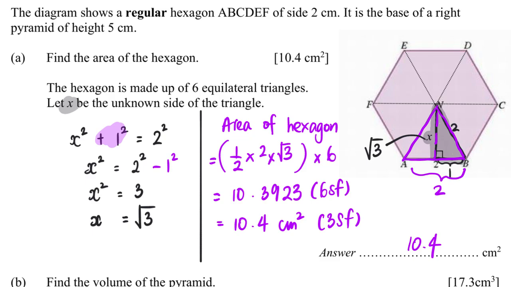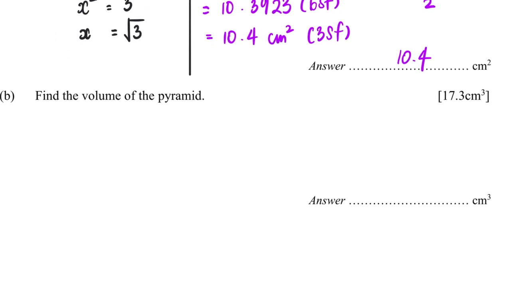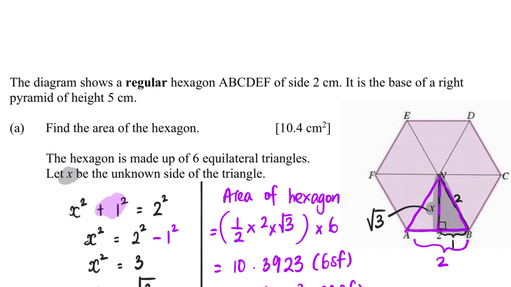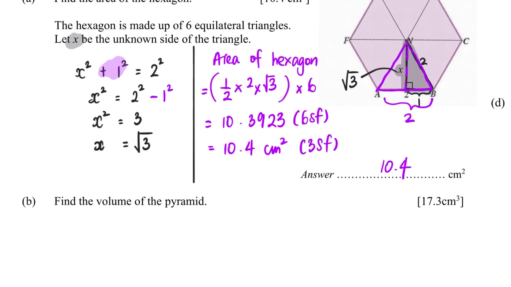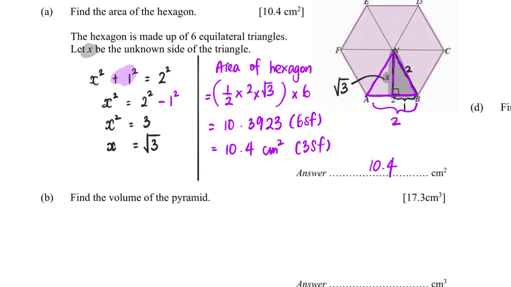For part B, to find volume, they actually give us a very important piece of information, which is the pyramid height of 5 cm. And so, with this hexagonal base, the volume is pretty straightforward already, because the volume of a pyramid is 1/3 times the base area times the height.